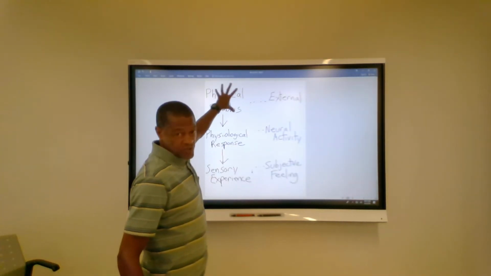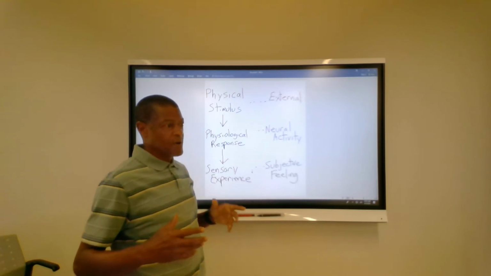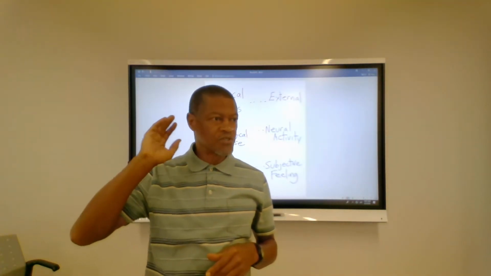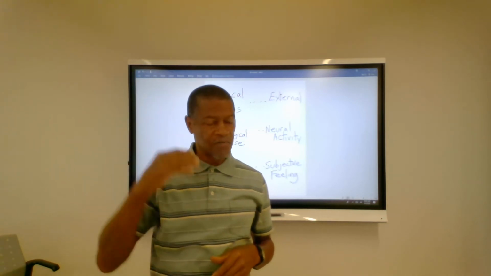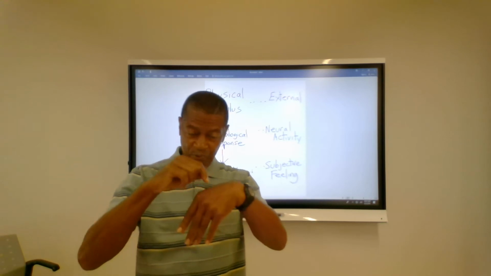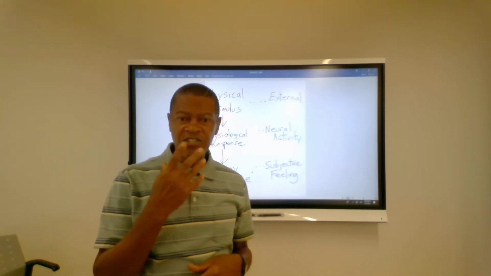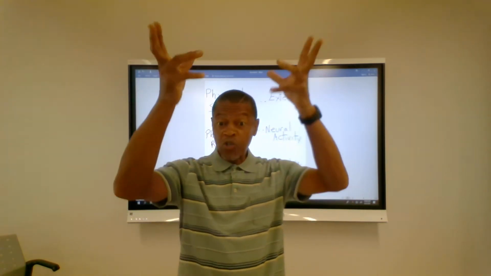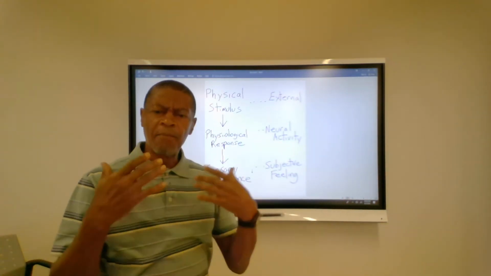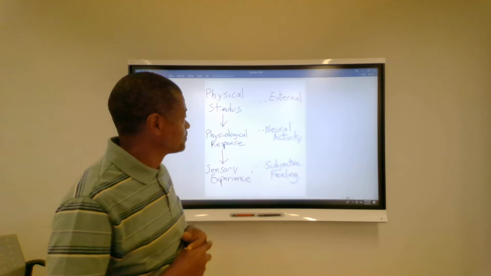When we say physical stimulus, for vision it would be light waves. For sound, it would be sound waves. Touch or feeling, a prick on the skin. Taste and smell, molecules in the air. Those are physical stimuli. So the body must recognize that.